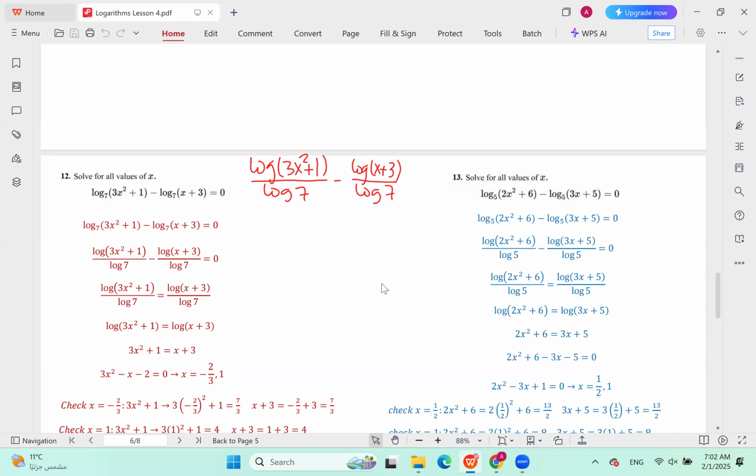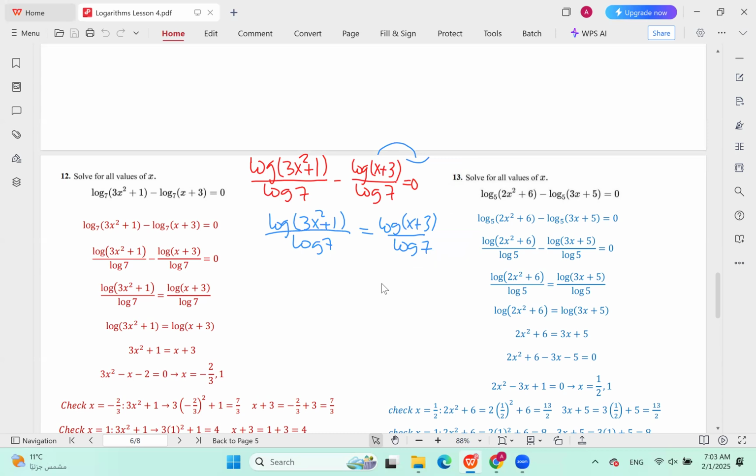Now, this is equal to 0, of course. If we take the second fraction to the right-hand side, it becomes positive. So we get log(3x^2 + 1) over log 7 equals log(x + 3) over log 7.